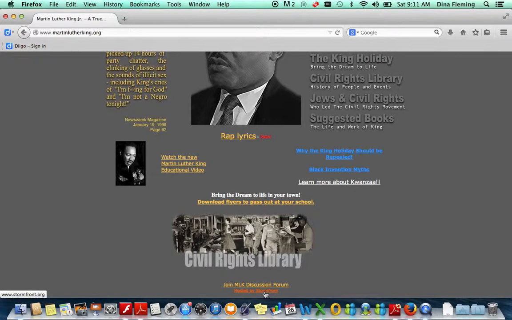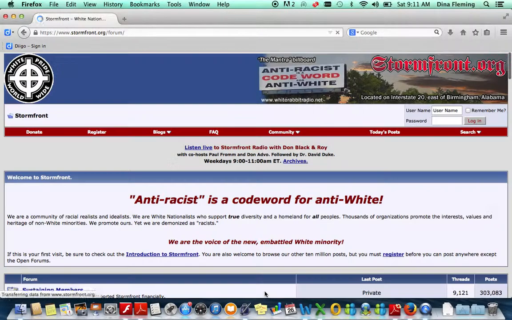So when you click on that, it does lead you to your next page where you're given further information about the group that is posting this page. And as you can see from the URL, it is stormfront.org. Upon investigating this page, they do very openly reveal what their intentions are, who they are associated with, and they make some pretty strong claims about their belief system.